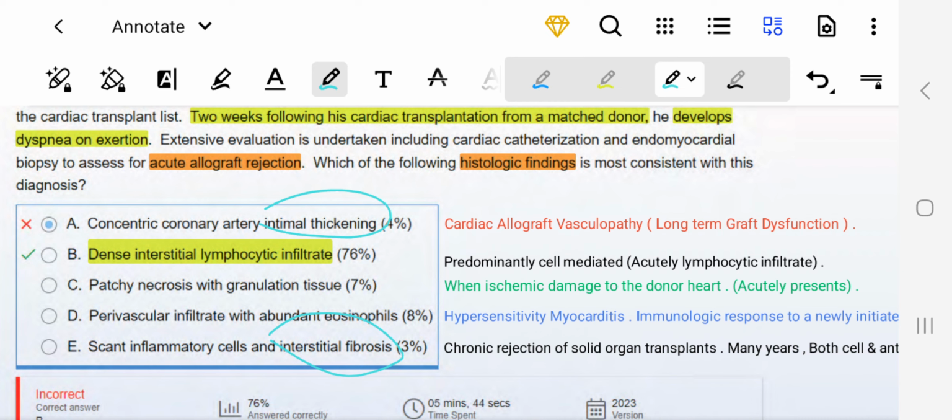Why not option C, patchy necrosis with granulation tissue? This is associated with damage to the donor heart, right?